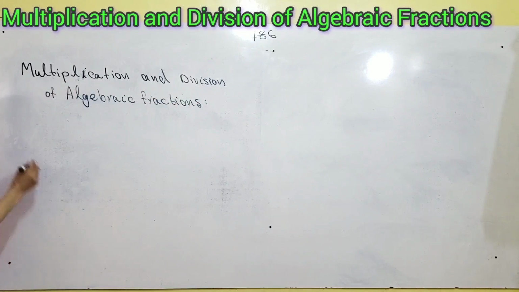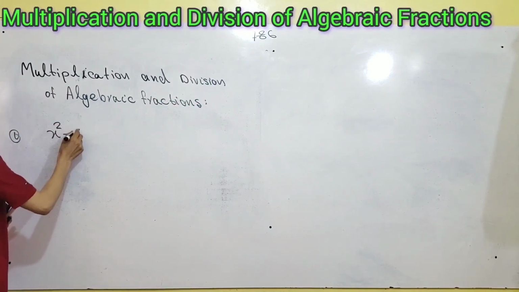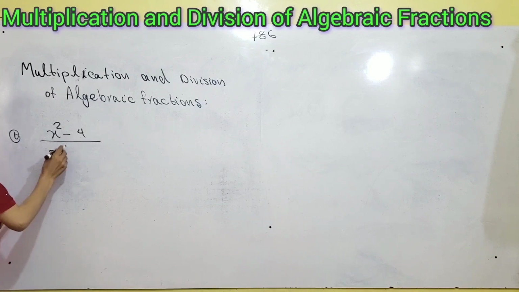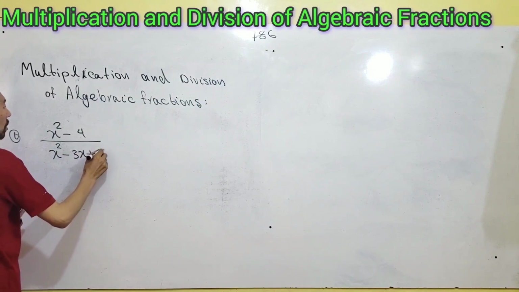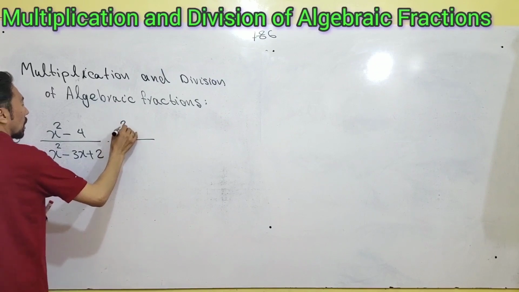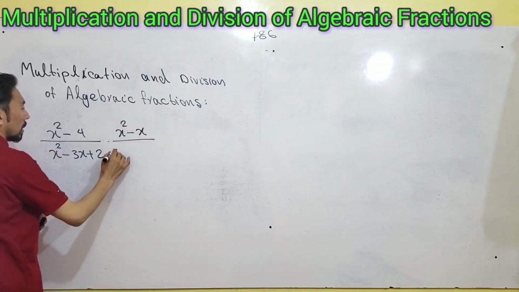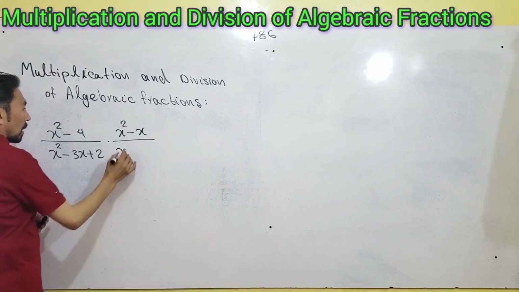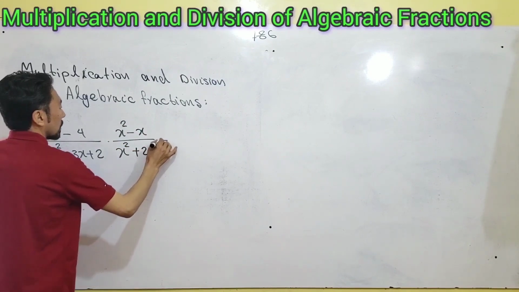Okay guys, for example we have (x squared minus 4) over (x squared minus 3x plus 2) multiplied by (x squared minus x) over (x squared plus 2x).